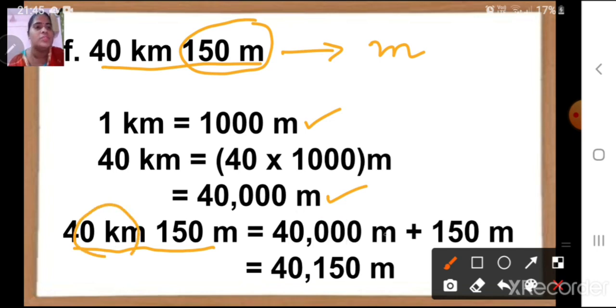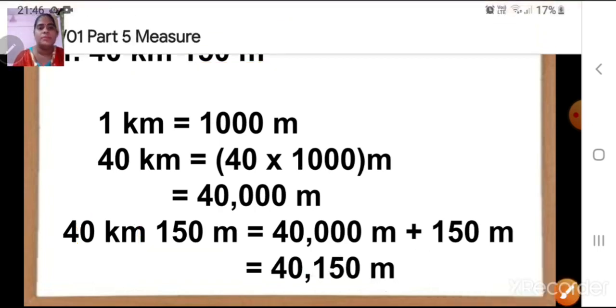So 40,000 meter plus what is remaining? 150 meter. So plus 150 meter. When we add both of them, we will get 40,150 meters. Got it, children? Please note down.